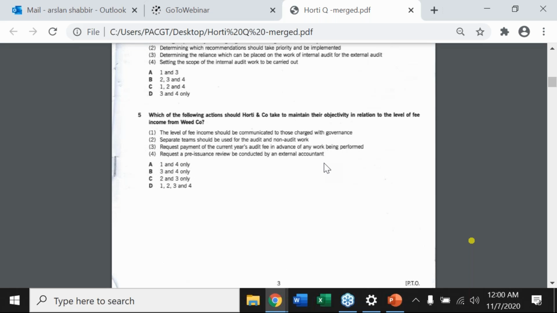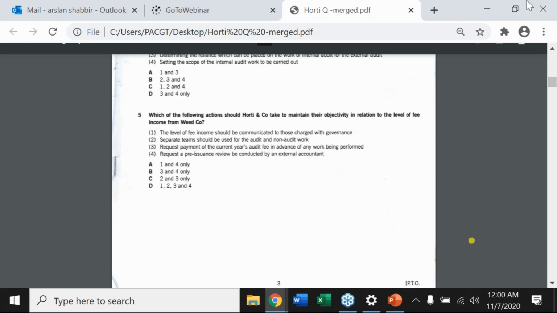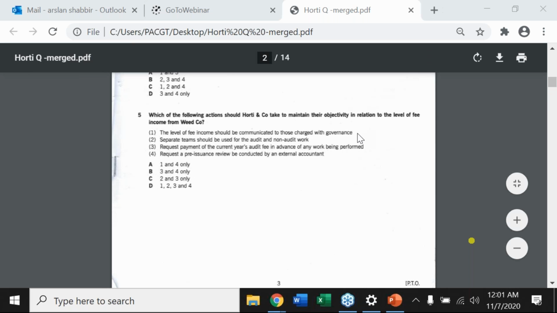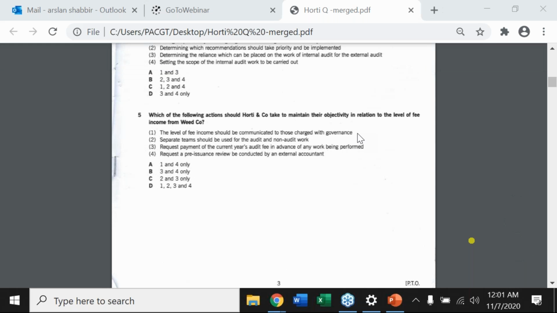Why the fourth option is right, I'm going to tell you. When your fees are more than 15% of your total revenue, professional ethics says that the firm can become dependent on that client, and its integrity and objectivity can be compromised due to the significant fees from one client.